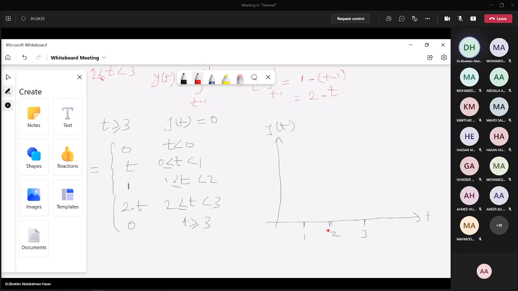Okay, it is 0 before 0, and it is equal to t between 0 and 1, so the slope equals 1. It is equal to 1 between 1 and 2, and equal to 2 minus t between 2 and 3, which means that the slope equals -1.